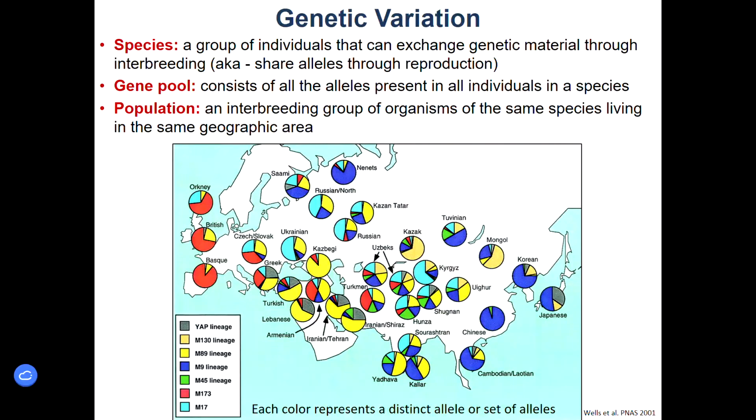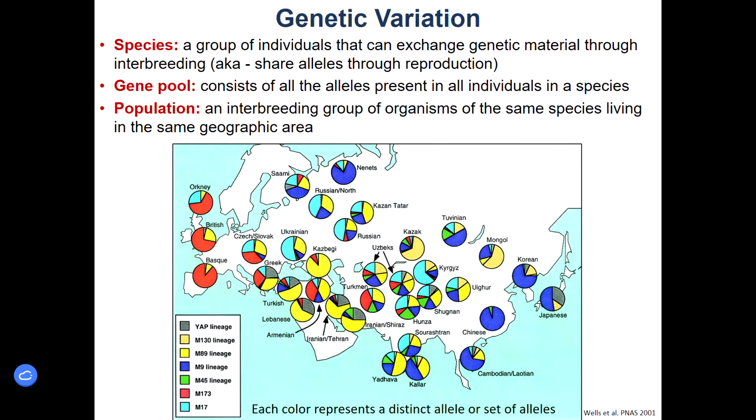You can see that these groups over here are more likely to have the allele that they colored in red, where people over here in Asia are more likely to have alleles that code for blue color. So we can see that even though we know these are all humans, we can all interbreed with each other and make offspring, the genes that we have are different across regions where we live.